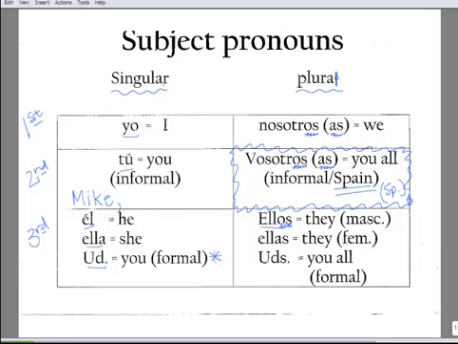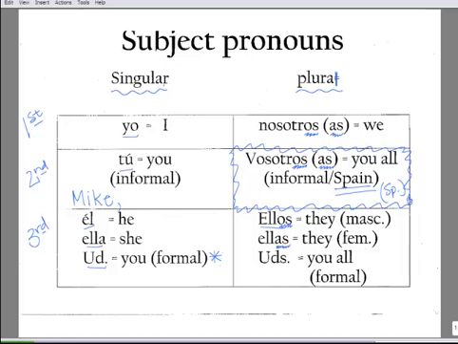If it's more than one person, you're talking about them, it's ellos. If you're talking about just girls, you're going to use ellas. So if I was talking about Maria and Martha, I would say ellas. That's feminine. Remember, just like our adjectives, feminine, masculine, singular, plural.